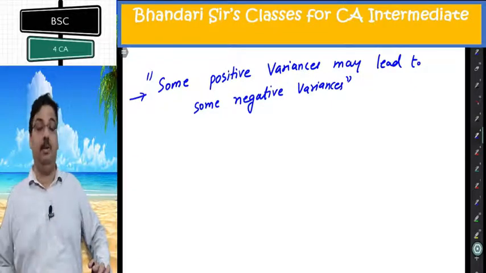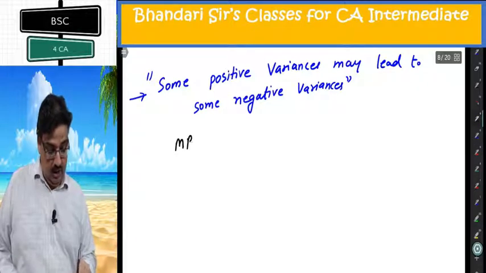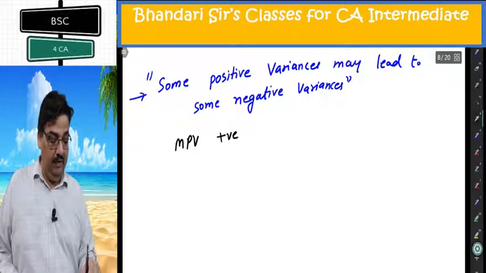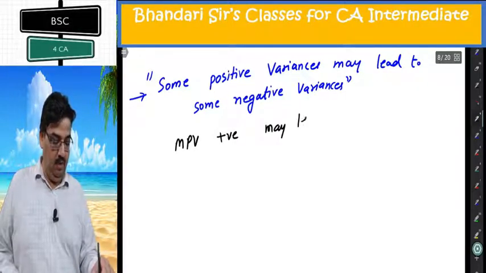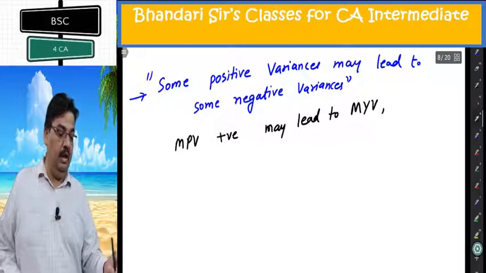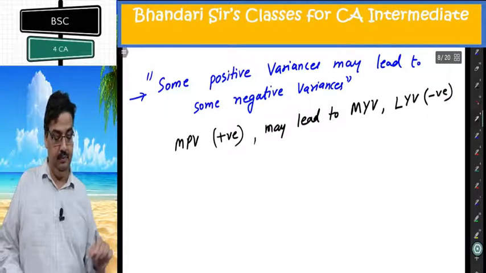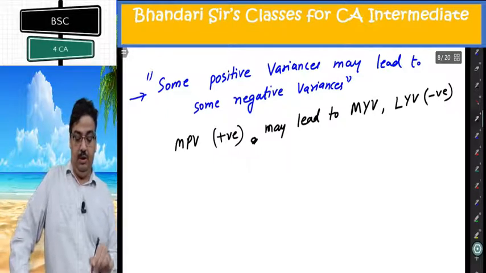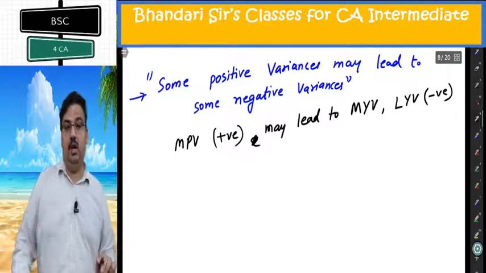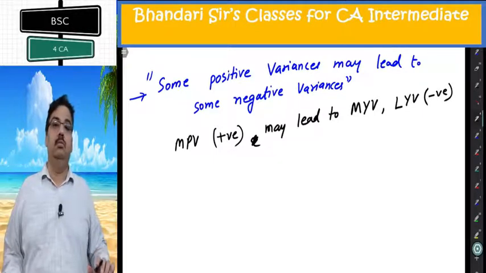I'll look at this statement first. Let us say MPV positive may lead to material yield variance, labor yield variance negative. Try to understand. The purchase manager wants to get the advantage. He bought cheap material.